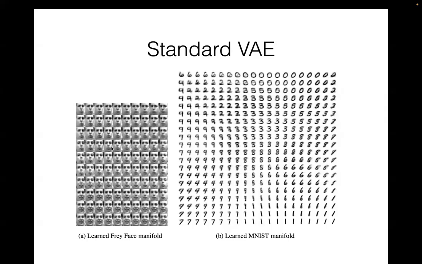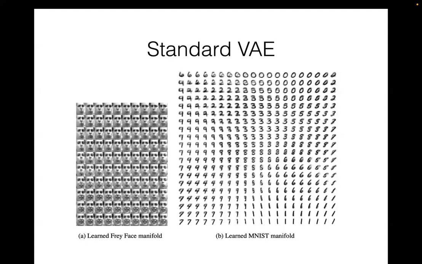And then you can do the same thing with any type of data you're modeling, including human faces. VAEs turned into a whole research area, and this is just a standard VAE. There were hundreds, probably thousands of papers about them.